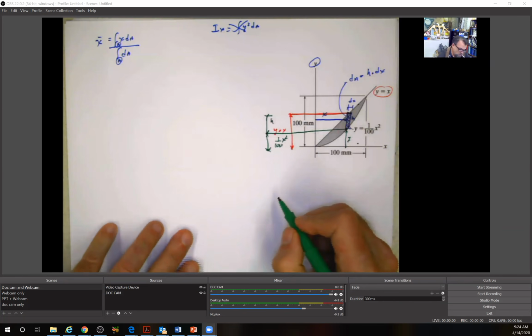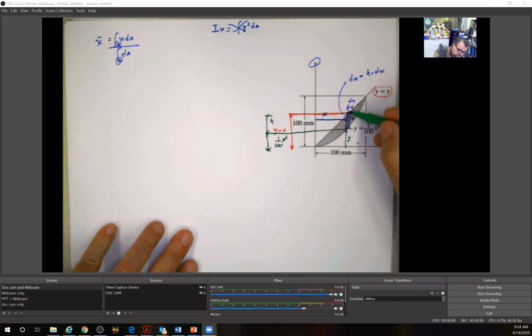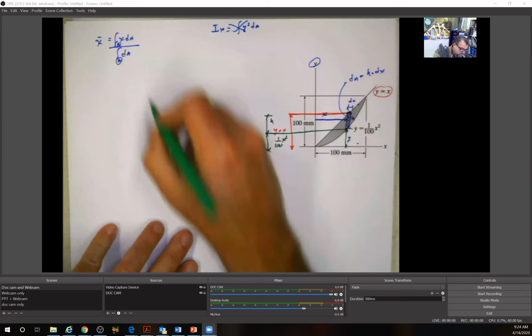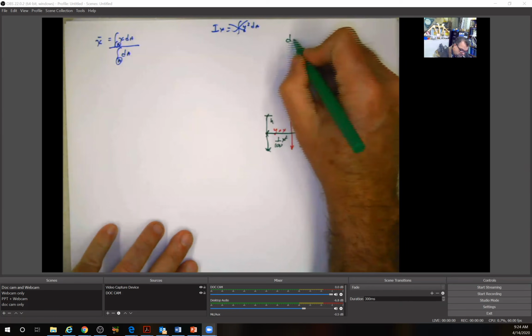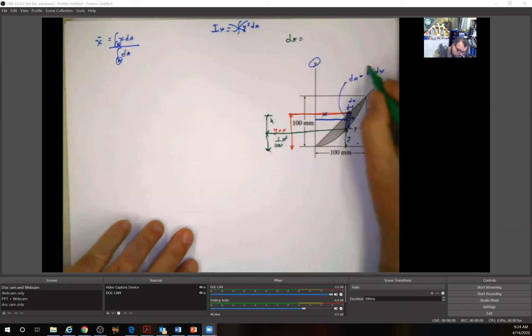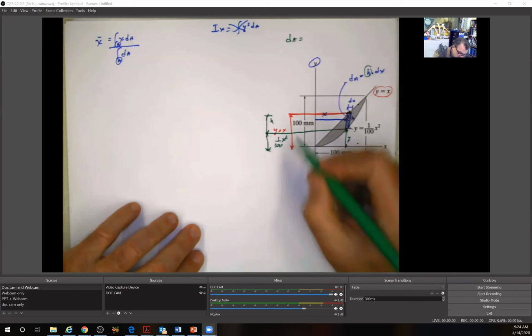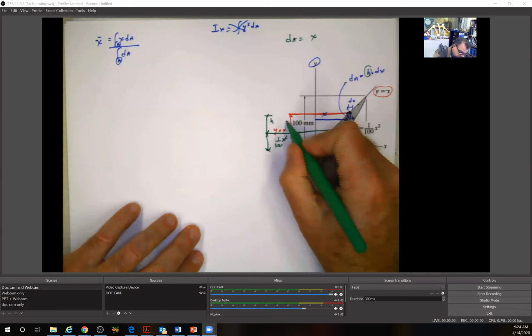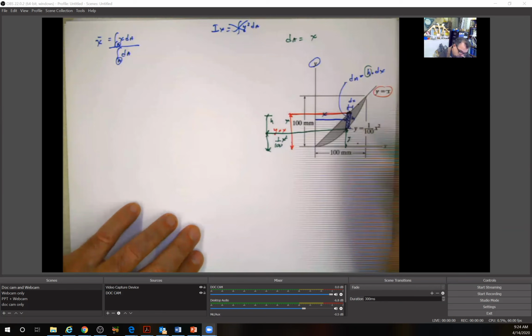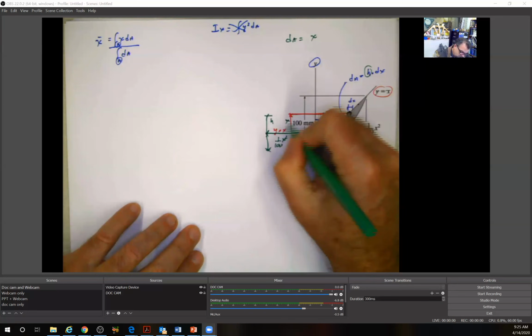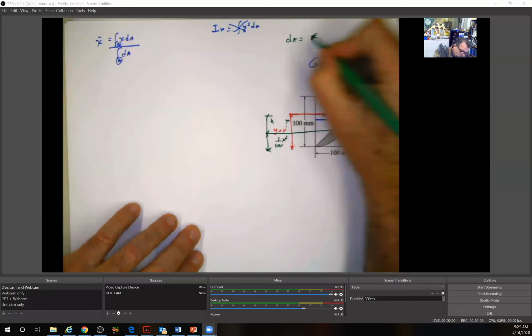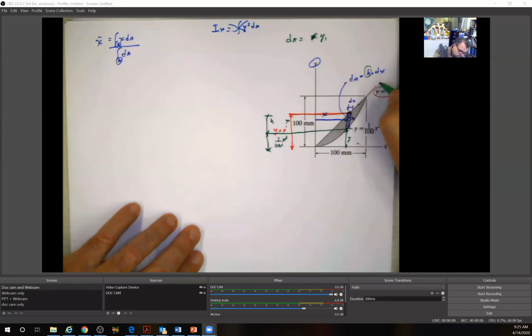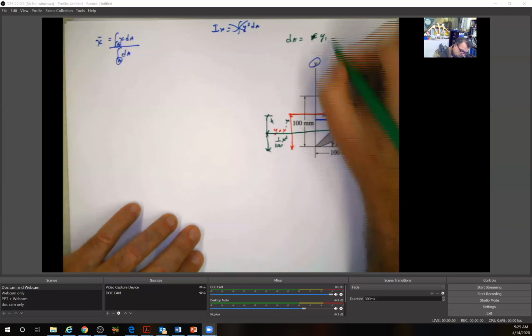And that h is no other thing than this distance minus this distance. Meaning my differential of area is going to be what I call h. Let me call this function y1, and this y2: y1 minus y2.